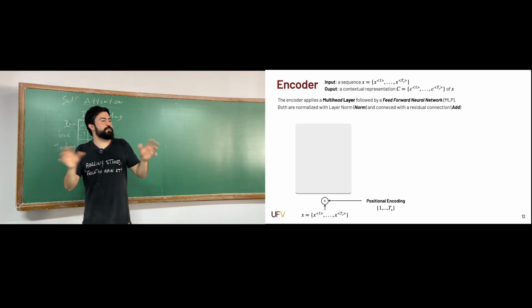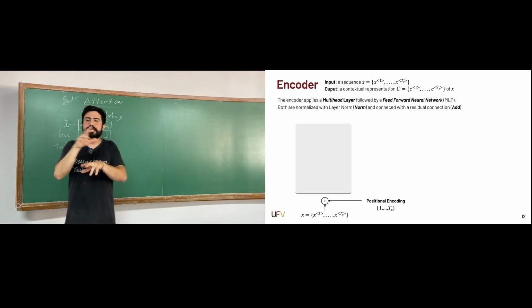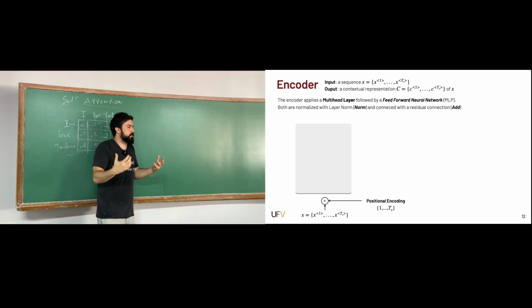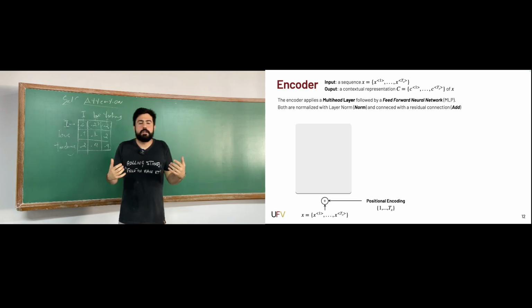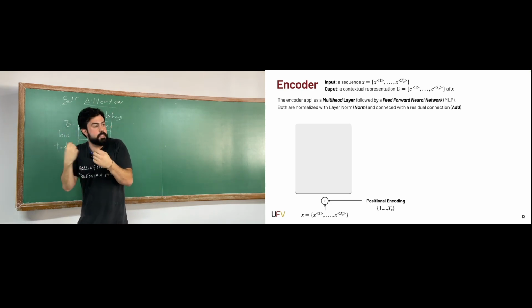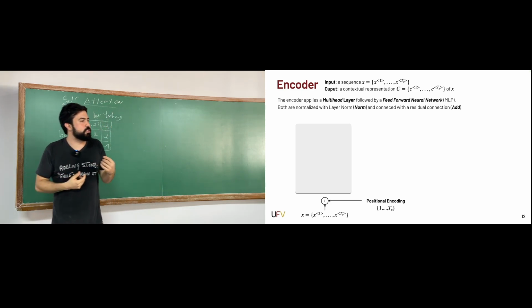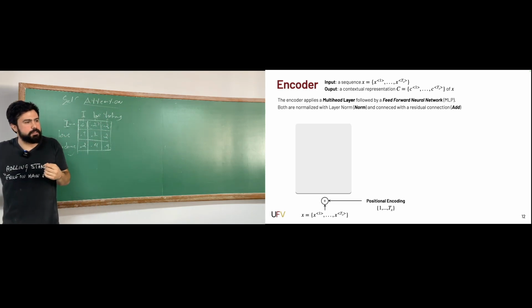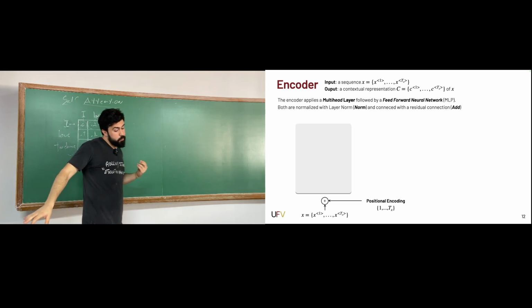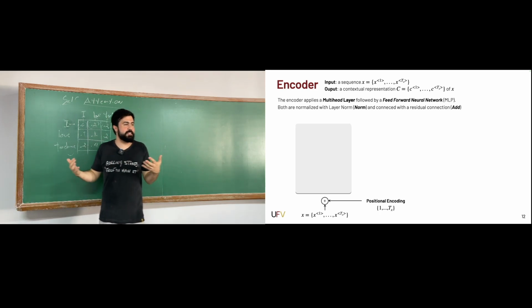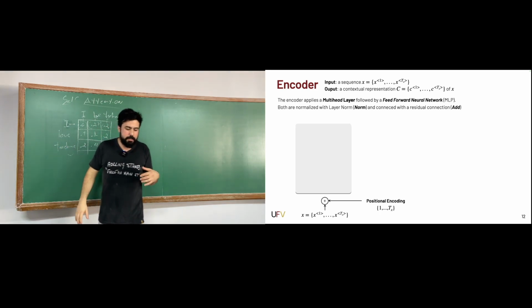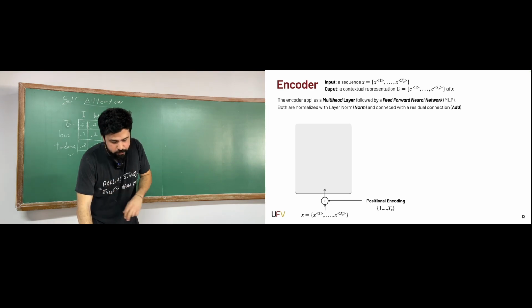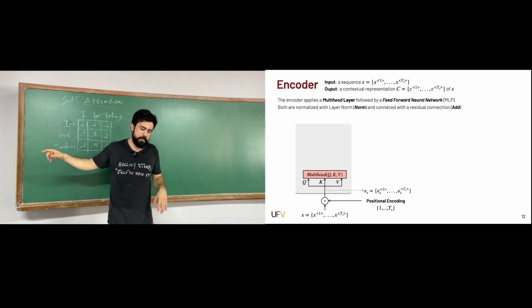So any permutation of a sentence would be pretty much the same sentence. So this positional encoding is to include position information. And this is very clever as well. This was one of the key problems. If you have to remove recurrency, this was one of the main innovations as well. But I'm going to leave this to the end because this is not very intuitive.